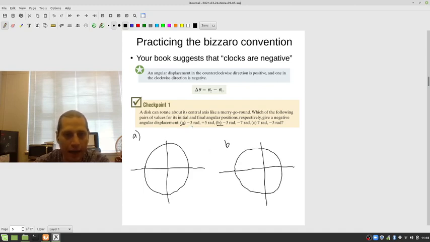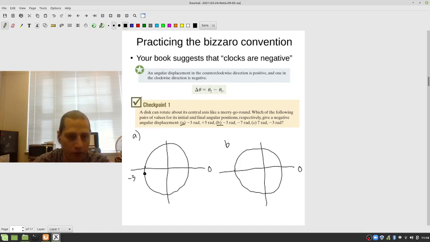Okay, so in A, it says you start out at -3 radians. Well, what does that mean? It means you start at 0, 0 is the x-axis, and you go over clockwise to -3. Okay, so -3 is just shy of pi.